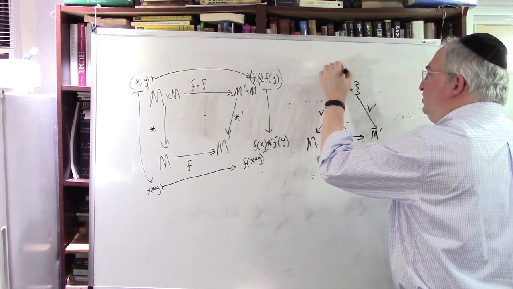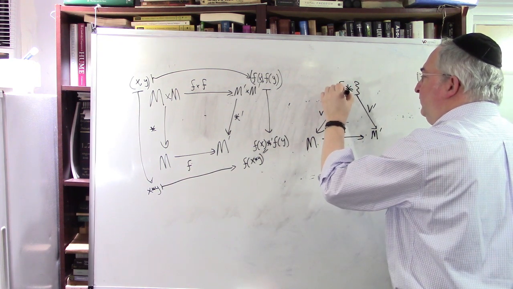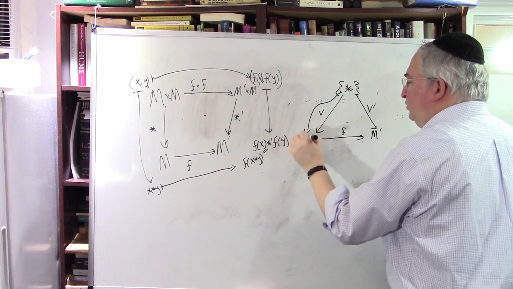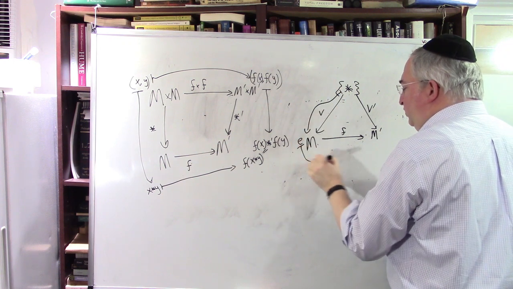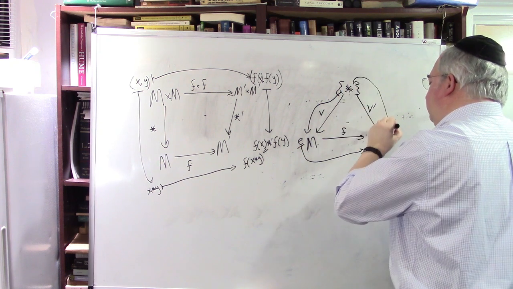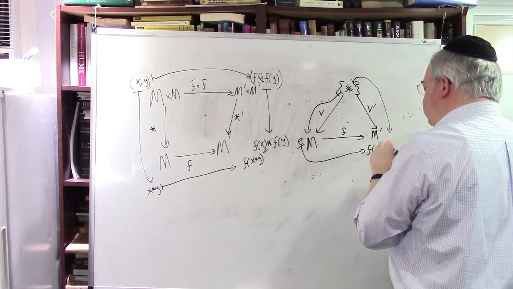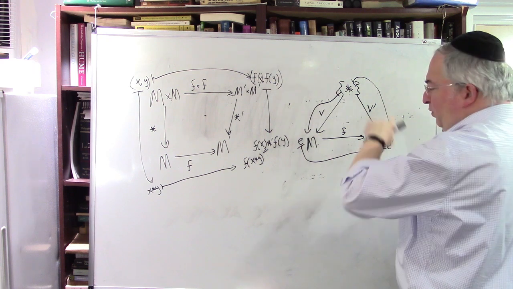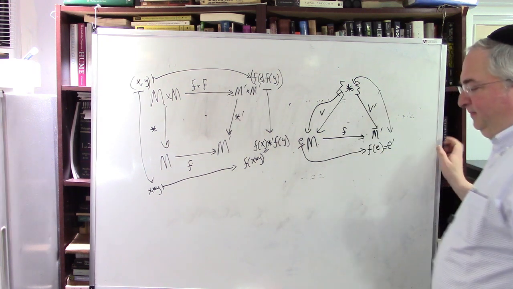Ready? The star here goes to e, which goes to f of e, and the star here goes to e prime. And we want this to commute, so we get this.